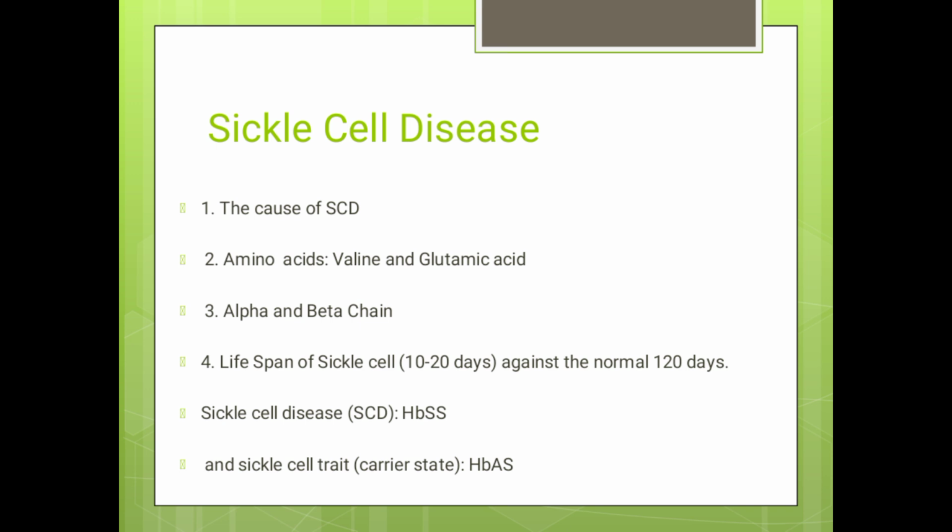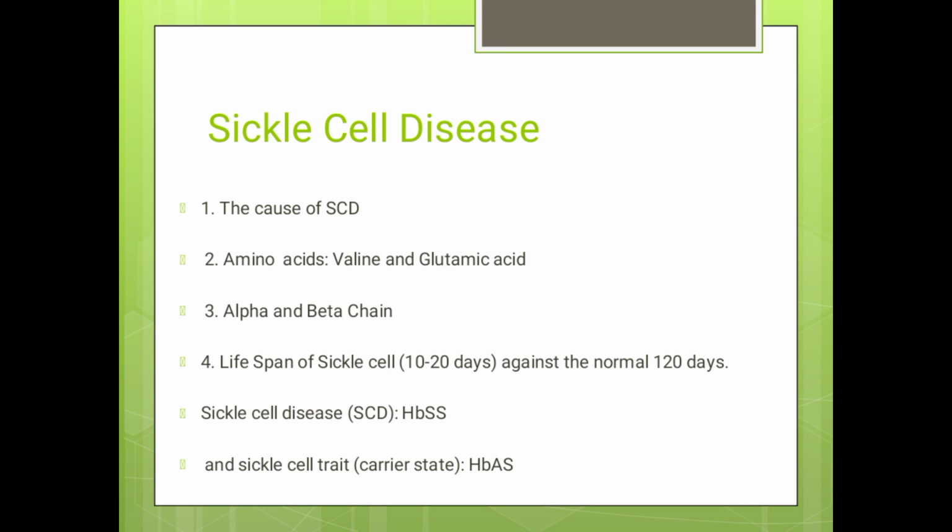In normal hemoglobin, glutamic acid is usually attached at the beta chain at the sixth position. But unfortunately, when this glutamic acid is missing at the beta chain, sixth position, and valine is found there, that is what leads to sickle cell disease.